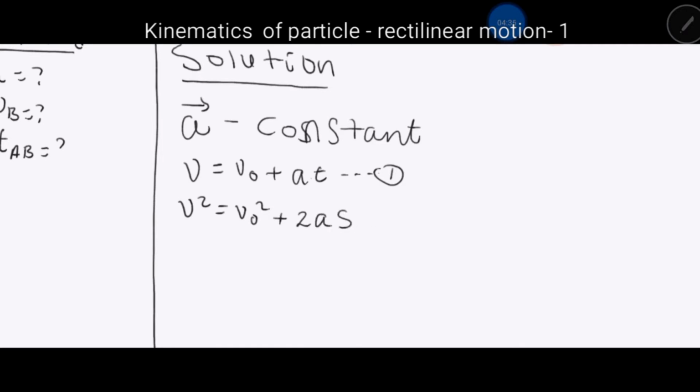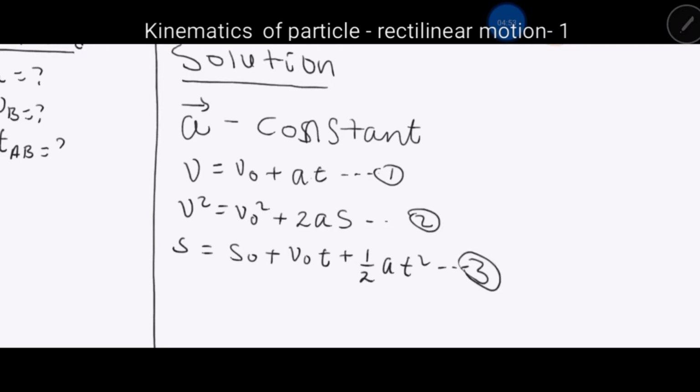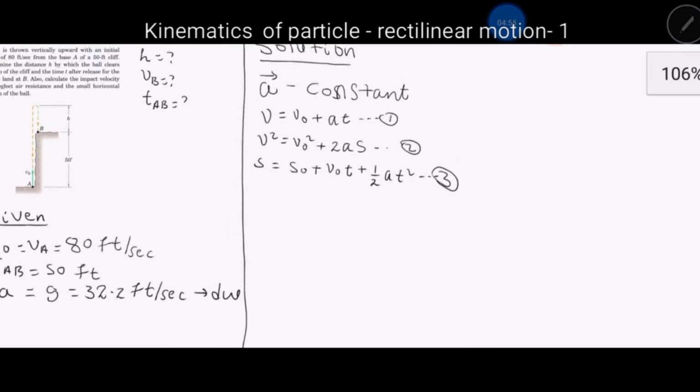Now, final velocity squared equals v0 squared plus 2as. This is equation 2. And then distance equals initial position plus v0 multiplied by time plus half at squared. Let's call this equation 3.